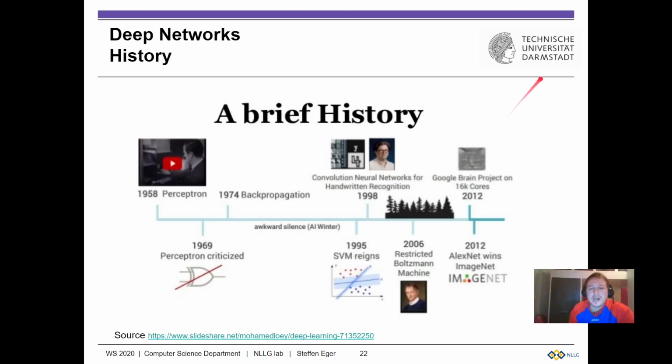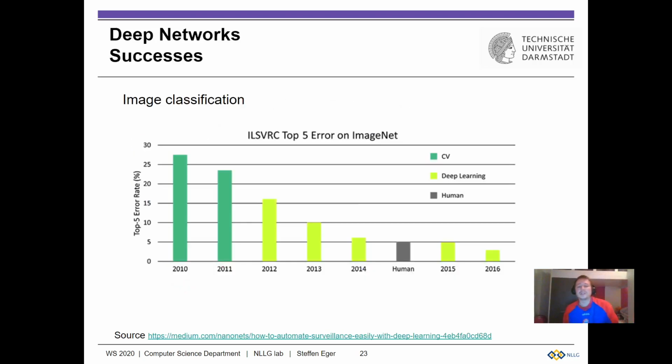So it took a long time for neural networks to kick off, but starting from around the 2010s, we finally learned how to use them properly, and they had huge successes, some of which can be shown here. This is image classification.